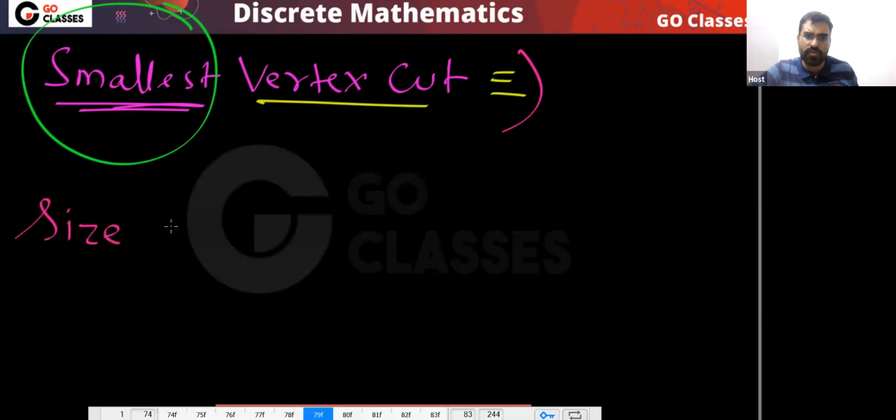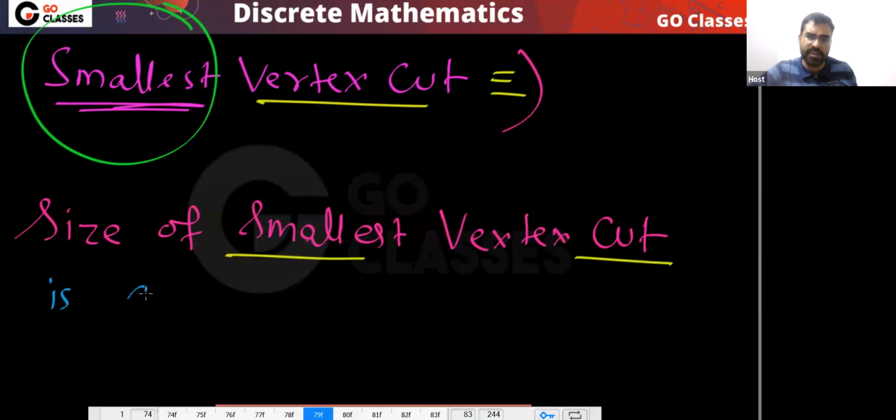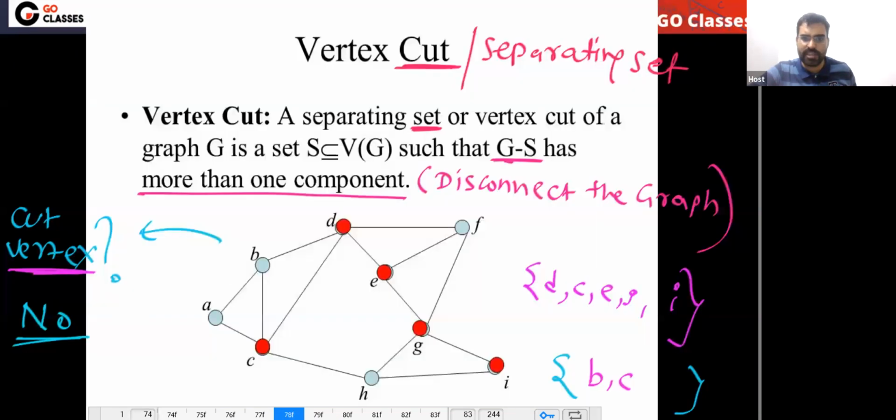Remember, the size of the smallest vertex cut is called the connectivity number. So for this graph, tell me the connectivity number.